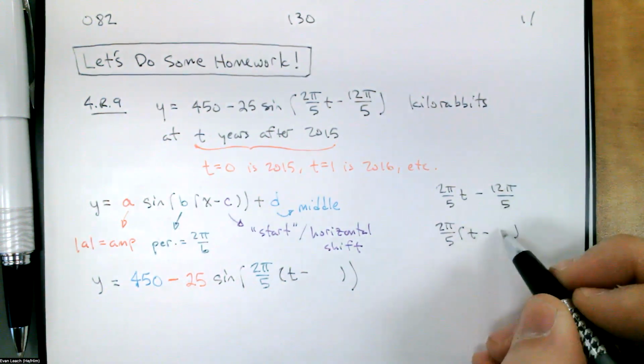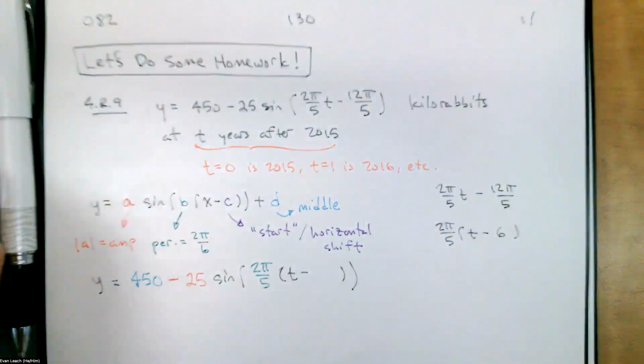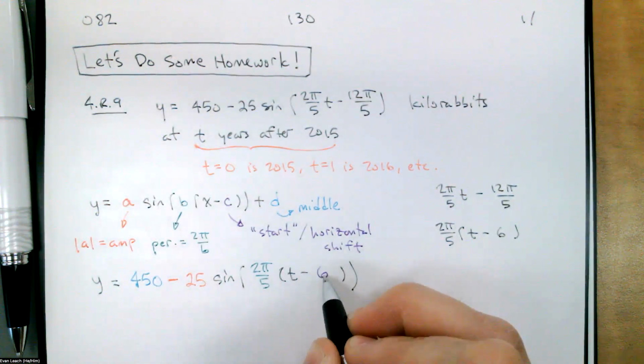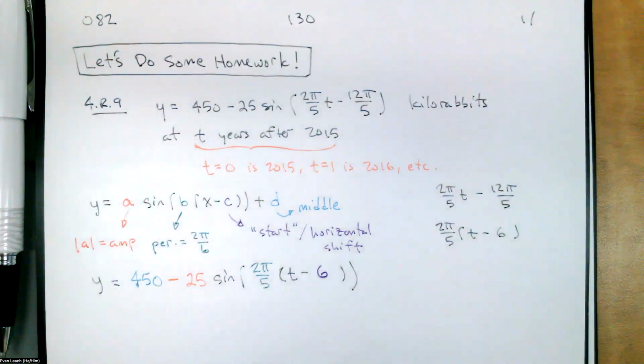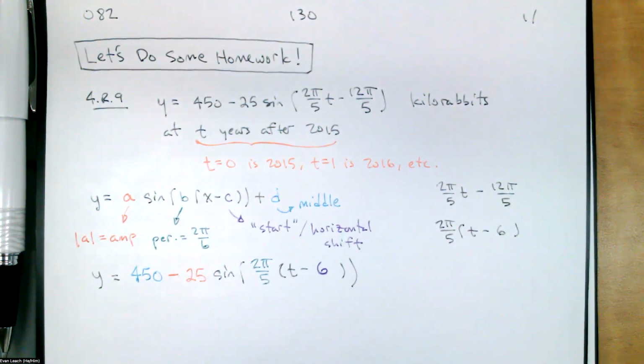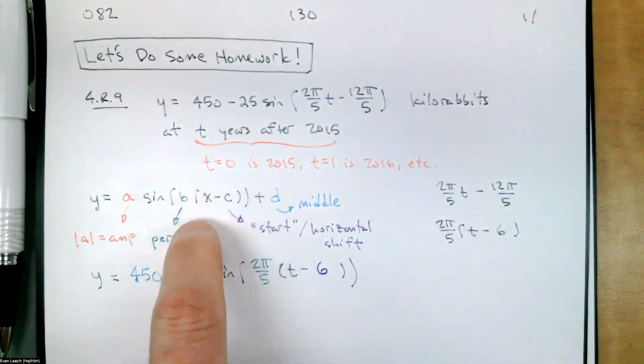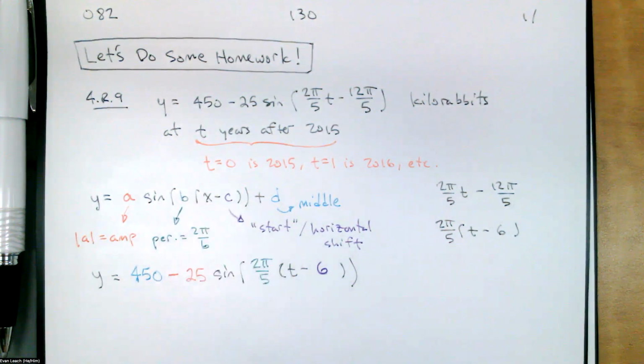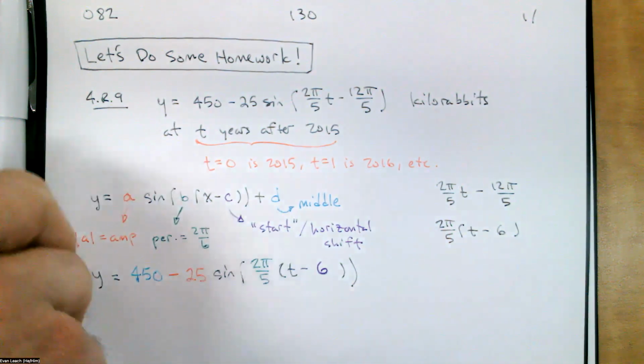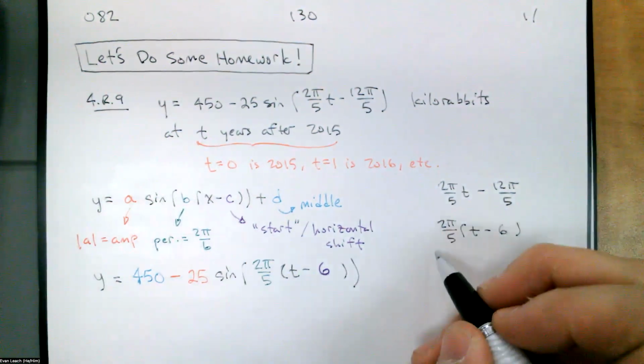So if we take a 2 out of the 12, that leaves a 6. Factor the 2 pi over 5 out so that I can have b parentheses t minus c close parentheses. So notice that the form here is b parentheses x minus c. The x minus c needs to be in parentheses so we can properly identify our horizontal shift. So we had to do a little bit of factoring to find out the horizontal shift.